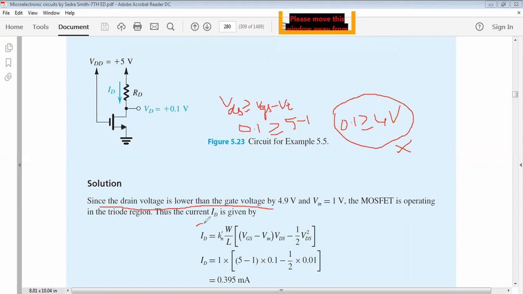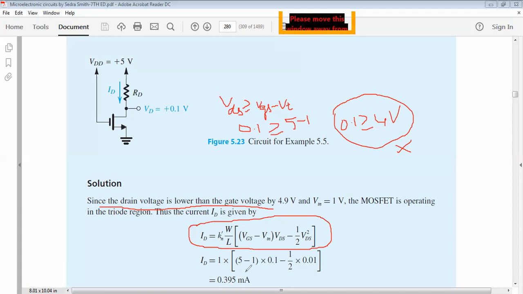Then the current equation: ID is equal to, this is the current equation in non-saturation region. ID is equal to K' W by L, (VGS minus VT) times VDS minus 1 by 2 VDS whole square. Right? You know every value. You are given K' W by L. VGS is equal to 5 volt, threshold voltage 1 volt, VDS is equal to 0.1 volt.